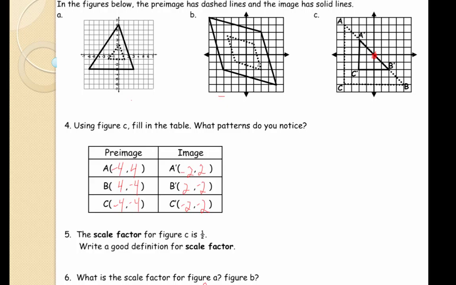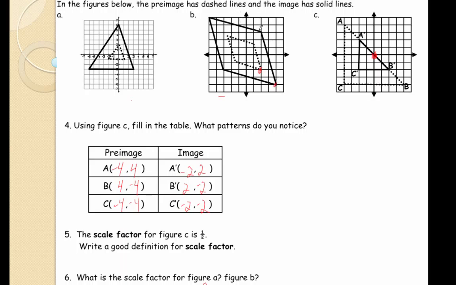So this appears to also have a scale factor of 2. So the other one was a half because it was getting smaller. This one is 2 because it's getting bigger. And this is really the only one that's on a dot.